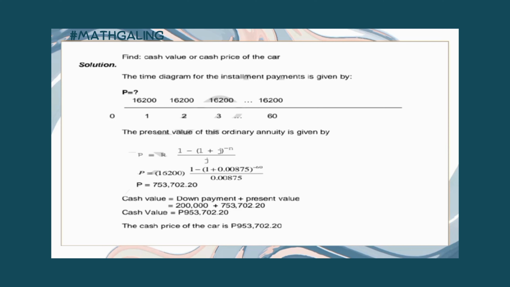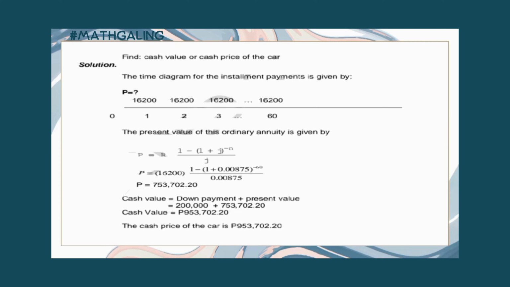So the period is 0, 1, 2, 3, and this is supposed to be 1 up to 5, because our time or period is 5 years.